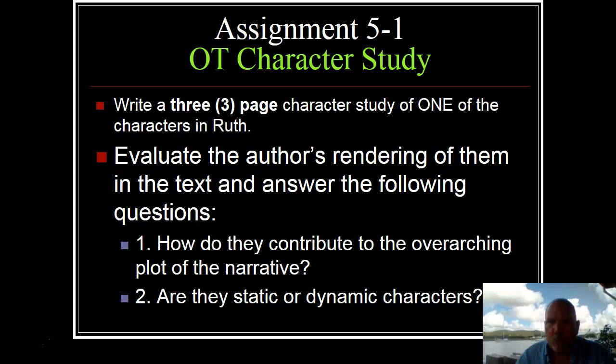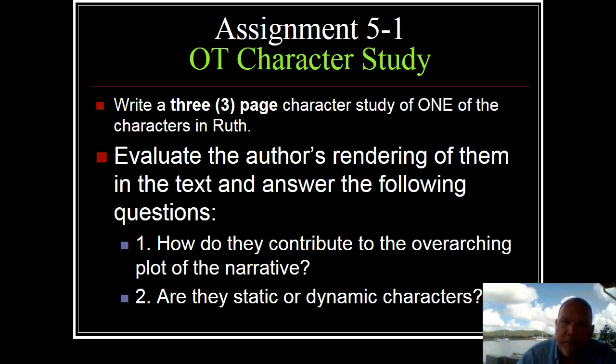You almost want to back up and say, okay, what is Ruth about? What is the author of Ruth, being inspired, trying to tell us that we can take away? And then look at each character and how they weave together to create an understanding that the author has tried to portray. So how do they contribute to the overarching plot of the narrative?